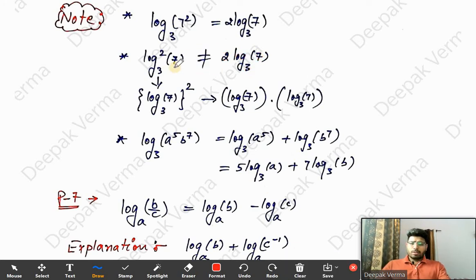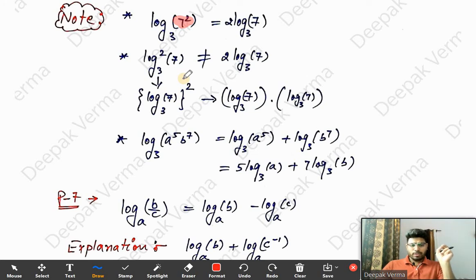Why is it so? Because log 7 base 3 whole power 2 is written like log 7 into log 7. So it's a different thing. Writing like this and this, both are different. Got it? So in order to apply this property, the power must be on the argument. Is it clear?